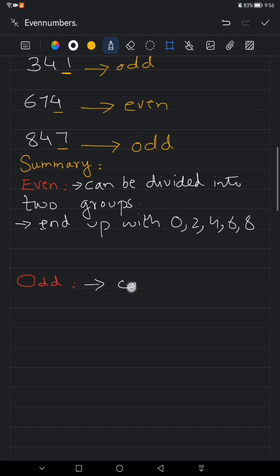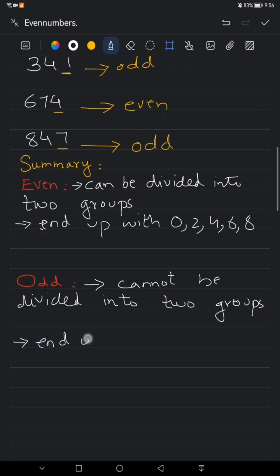Whereas odd numbers cannot be divided into two groups. Secondly, they always end up with 1, 3, 5, 7 and 9.